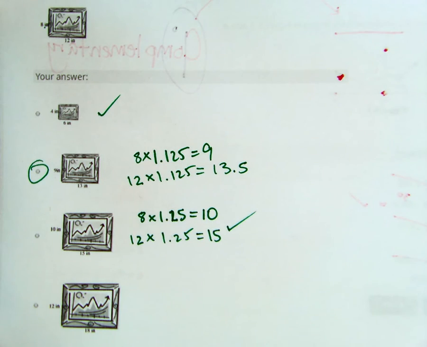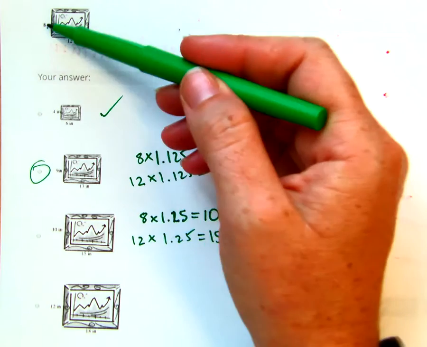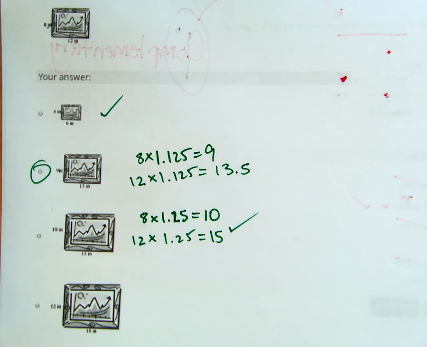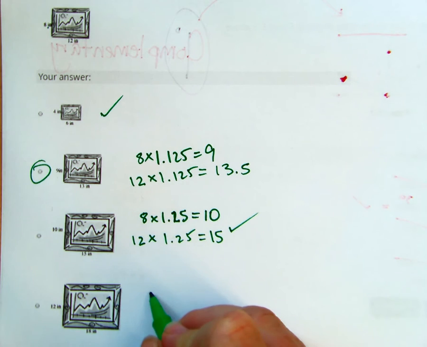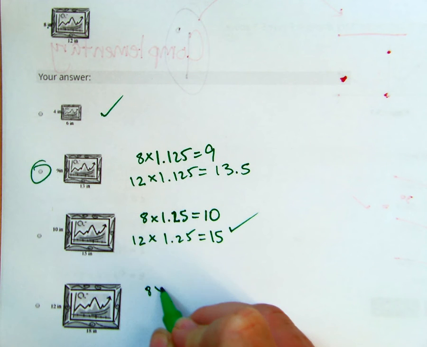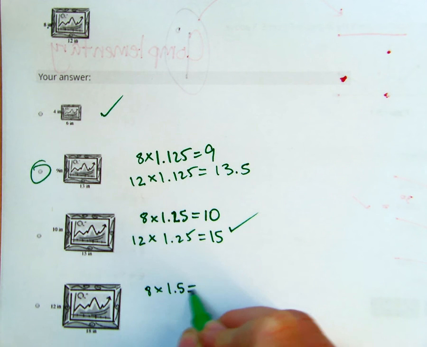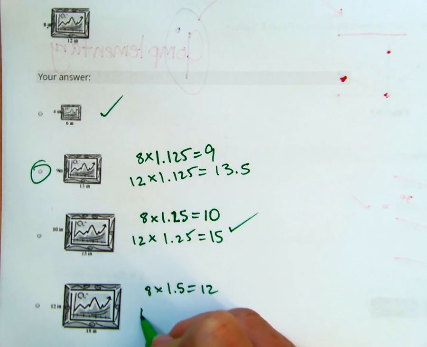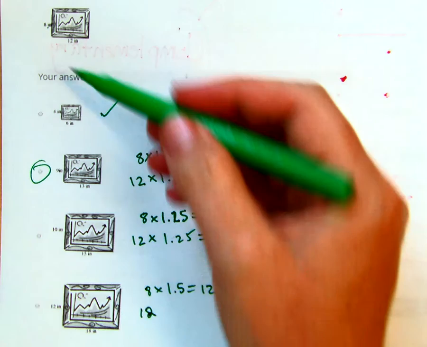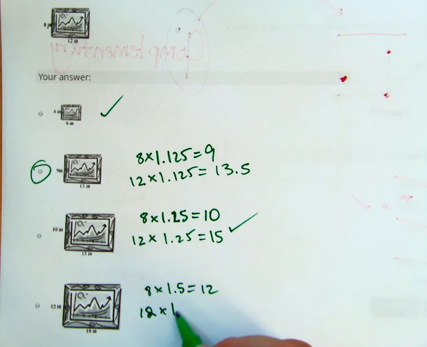So this one checks. And then what would take me from 8 to 12? Again, I do 12 divided by 8, and I get 1.5. So I know that 8 times 1.5 gives me 12. So I'm checking 12 times 1.5 to make sure it's 18.